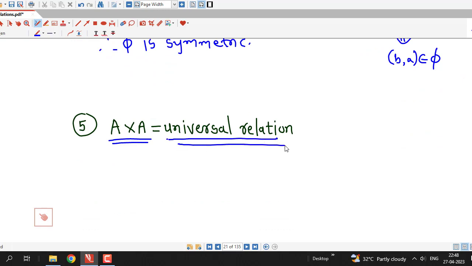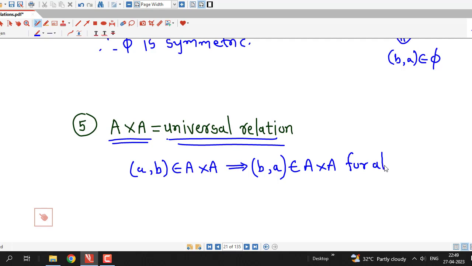So the universal relation means it includes all possible pairs. So whenever we have (a, b) belongs to A cross A, then because it includes all possible pairs, (b, a) is also in A cross A, for all a, b belonging to A, where a can take the values 1, 2, 3.